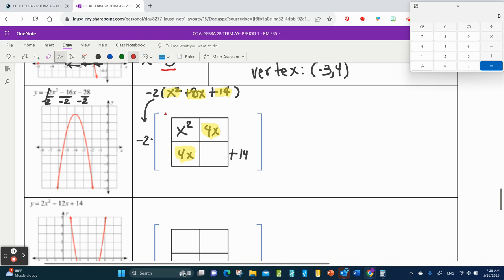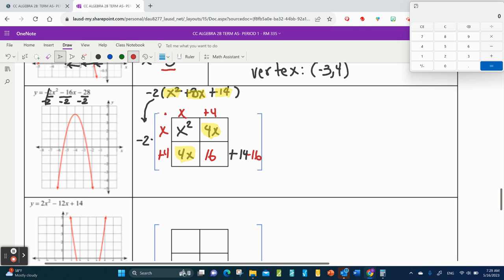And now I start filling out the outside. Since I know that x squared is just x times x, I know 4x is going to be a positive 4. And now I know that 4 times 4 is 16. Now the only trick to this is that whatever I do in here, I have to undo it here. The reason for that is I'm not allowed to give myself an extra 16 without taking it away.